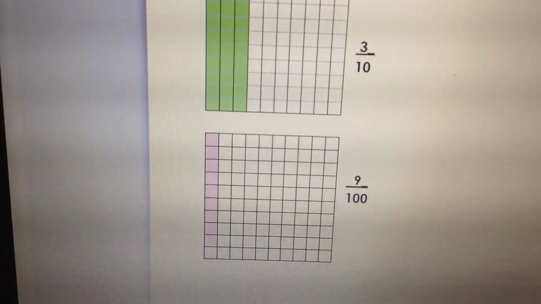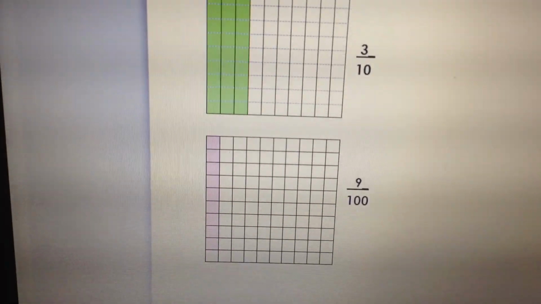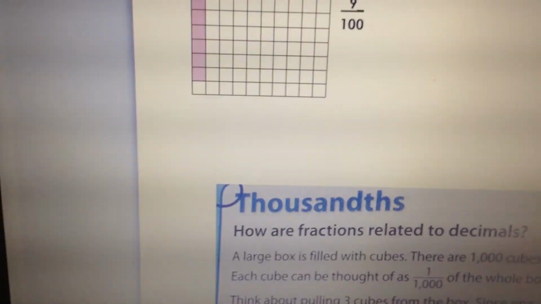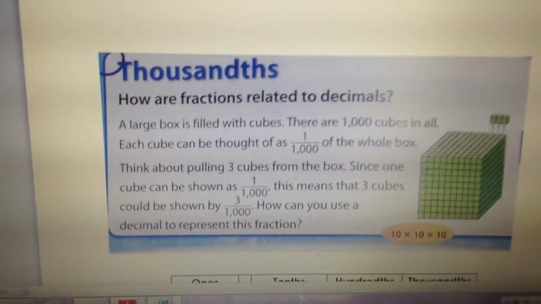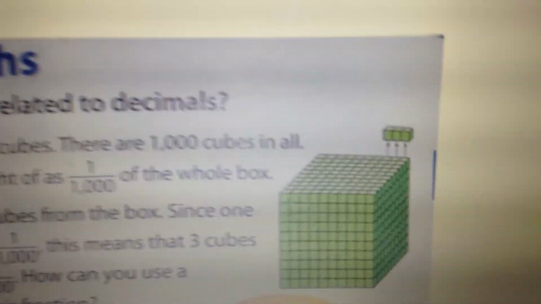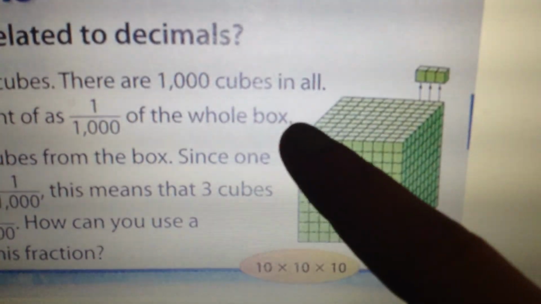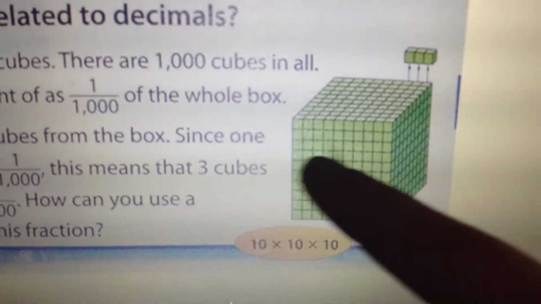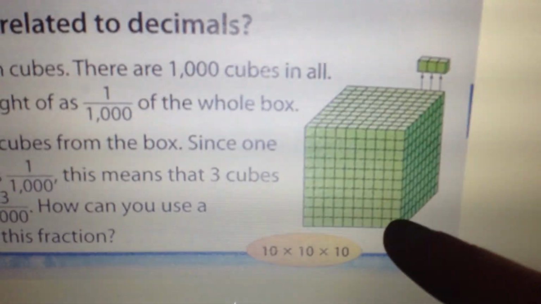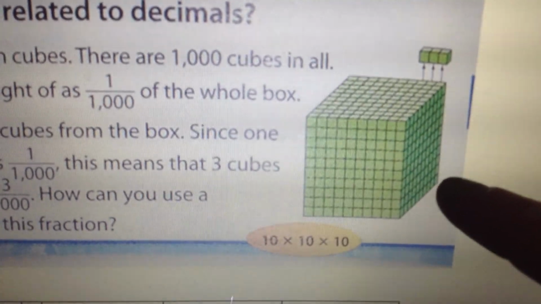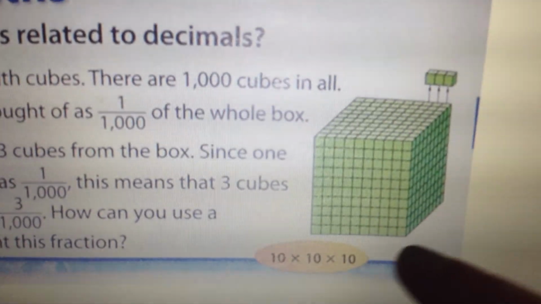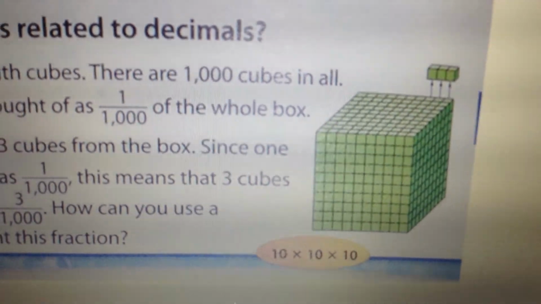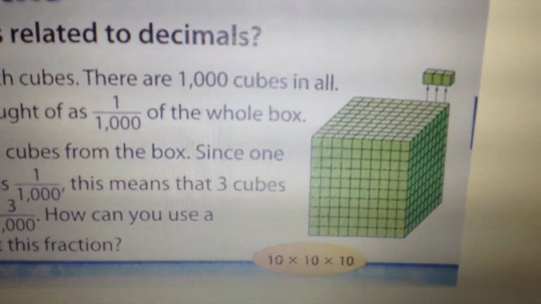Also very easy. Now, to make this a little bit harder, let's talk about how we can make it represent the thousandths. If I had a shape that looked like this, you can see that I have 10 columns going up and down, 10 rows going side to side, but now I actually have 10 of those stacked together. So I have 10 of what we started with yesterday, and we know 10 times 100 is 1,000.